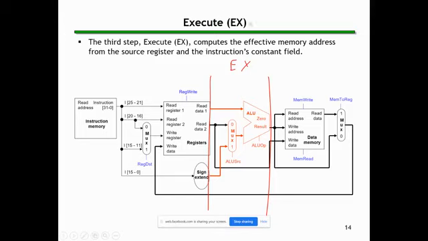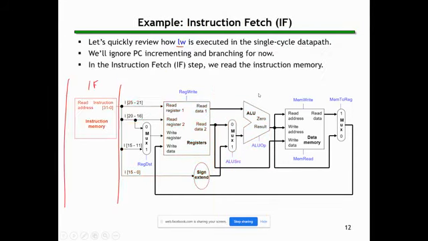And then EX, execution. The third step, execute, computes the effective memory address. Let me go back. This is the IF, the instruction memory, the first step.